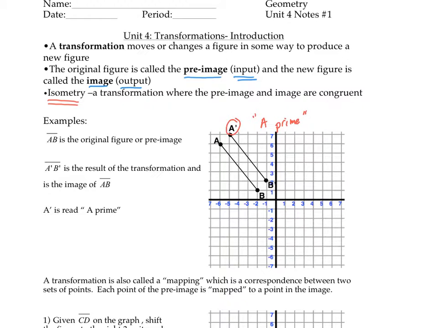That little mark that's behind the A, I call it a tick mark, but we want to call that prime notation. So AB, just going to highlight line segment AB, that was our original right here. That was our pre-image, and A prime B prime was the output. That's our image.